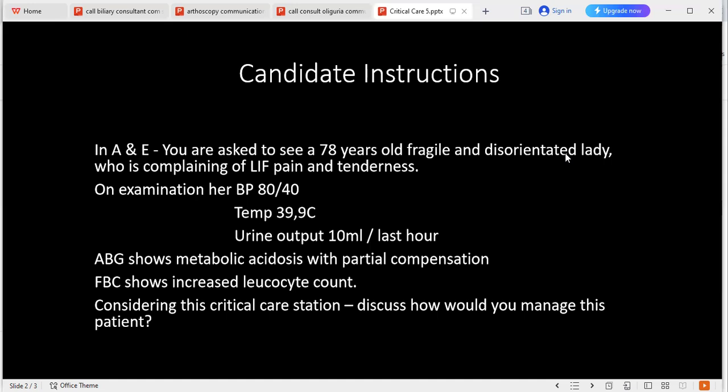You said you'll send the blood to the lab for cultures. What exactly would you ask for? Which cultures would you ask for? I didn't get the question, ma'am. Sorry, ma'am. You said you'll send the blood for cultures.